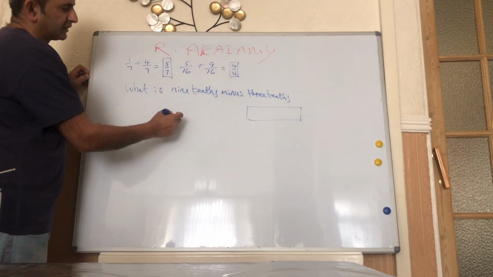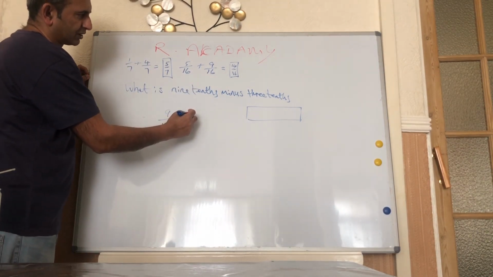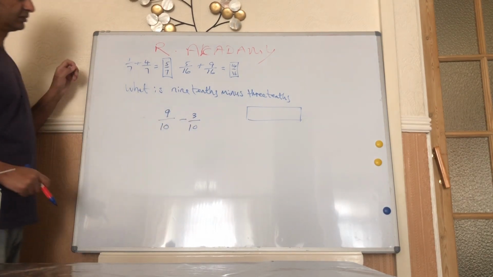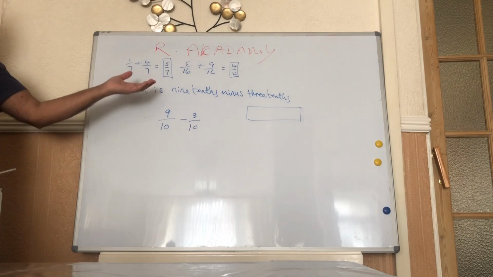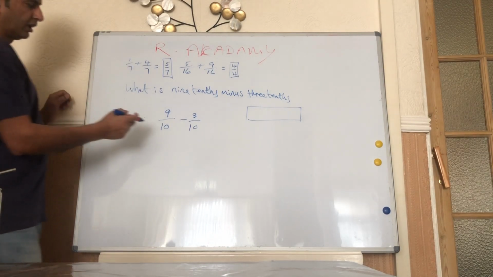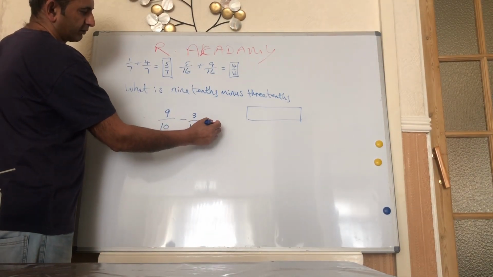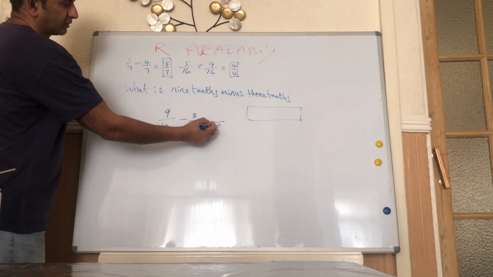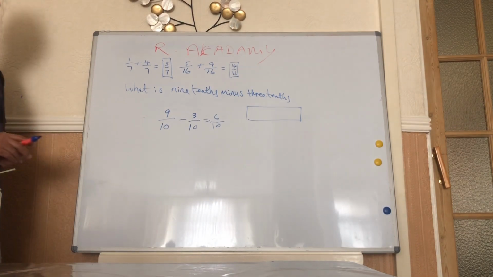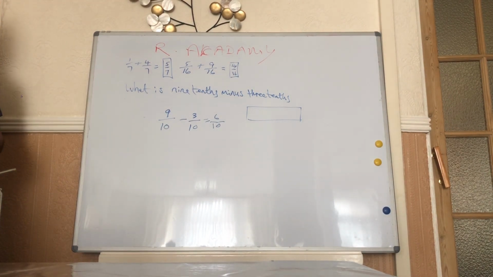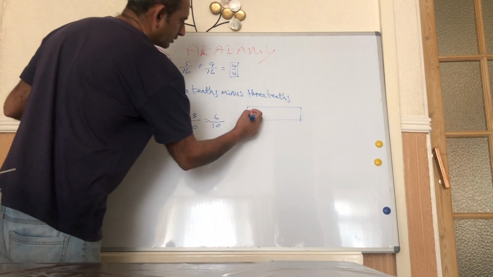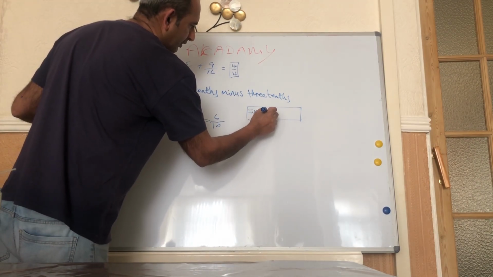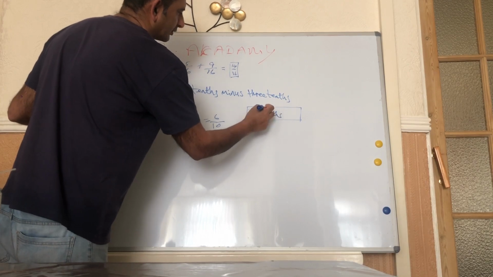And then it says minus, and then it says 3/10, which is 3/10. Yes? Now it becomes very easy and apparent that the 10 remains the same. 9 minus 3 equals 6. So the answer would be 6/10. And then you can write down 6/10 in there.